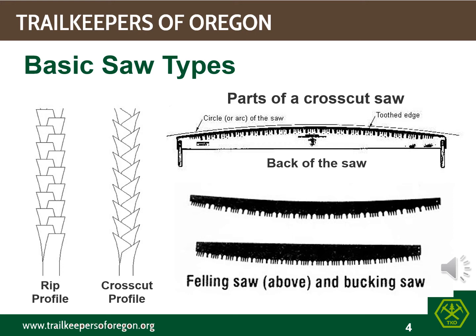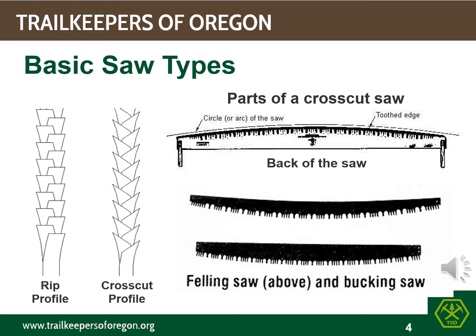The crosscut tooth has a sharp point at the corners, usually filed at an angle to the line of the cut, front to back that is, so as to cut across the log fibers. For crosscut saws, there are two basic types: a felling saw, which has a curved back, and a bucking saw, which has a straight back.